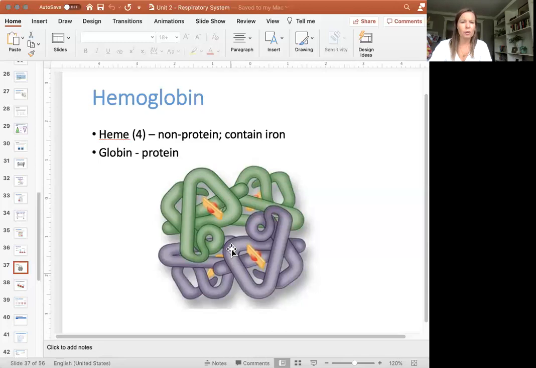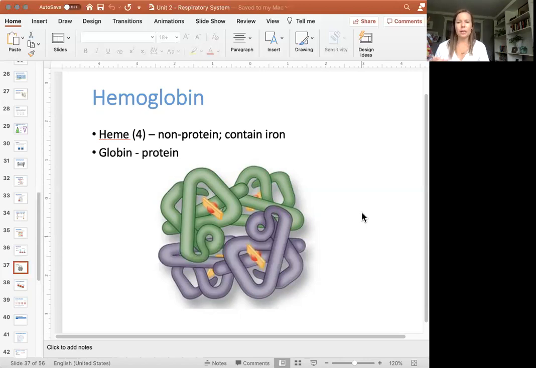Then there are 4 heme groups. You can see them, 1, 2, 3, 4, throughout the hemoglobin molecule. The heme groups are iron containing groups, and this is the part of the hemoglobin molecule that binds and carries oxygen.